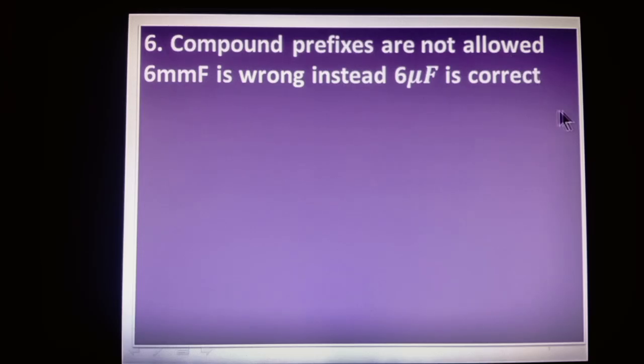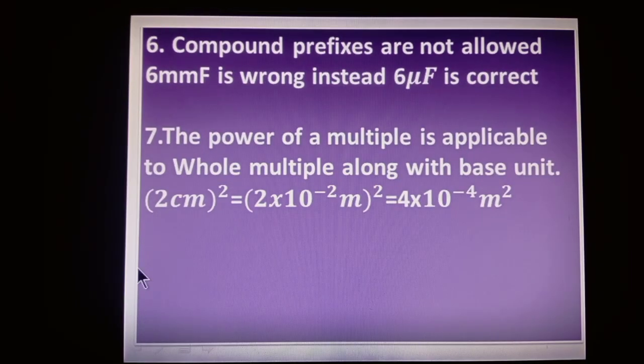Now we move on to the next point to remember, that is, the power of a multiple is applicable to the whole multiple along with the base unit. A bit complicated point, let us try to understand it. If you are given a value 2 centimeter whole square, or you can write it like this, 2 into 10 raised to the minus 2 meter whole square.